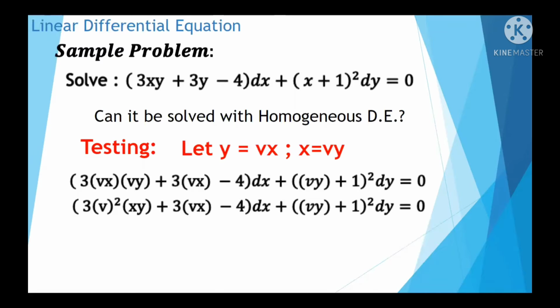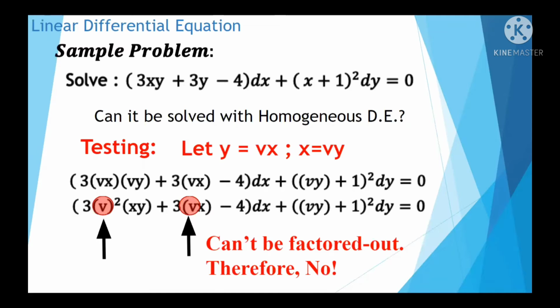But looking at the equation, we cannot totally factor out V because in 3xy, we can have V squared, while the rest we will only have V. Thus, V cannot be factored out of the equation 3xy plus 3y minus 4 dx.